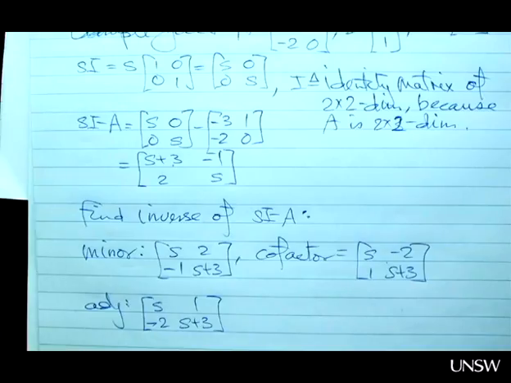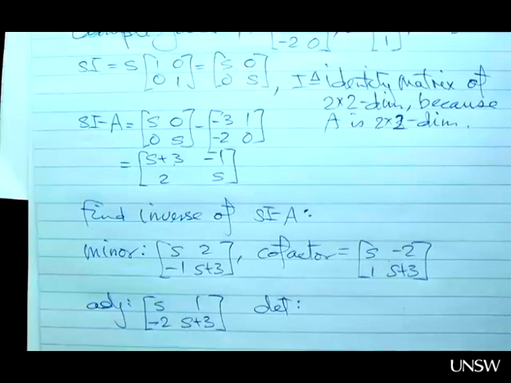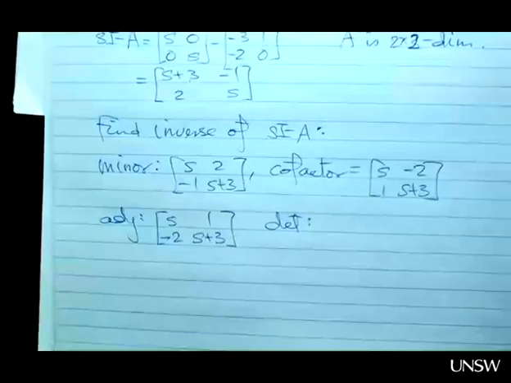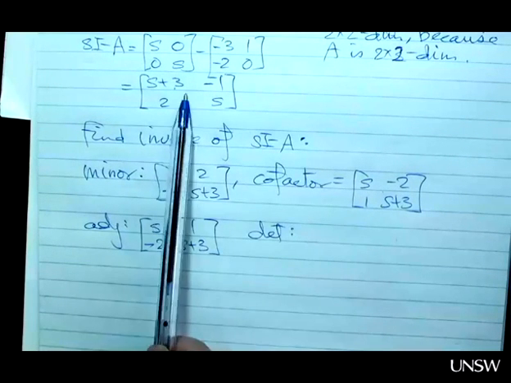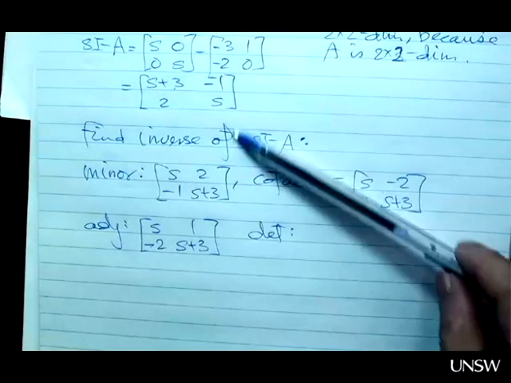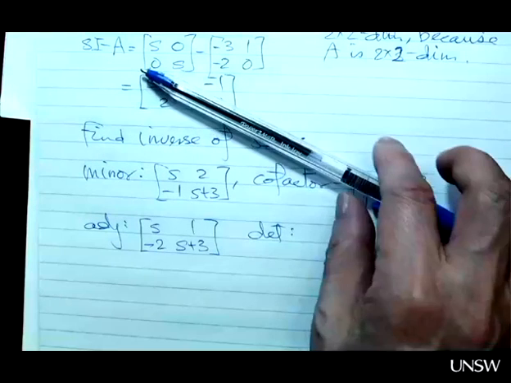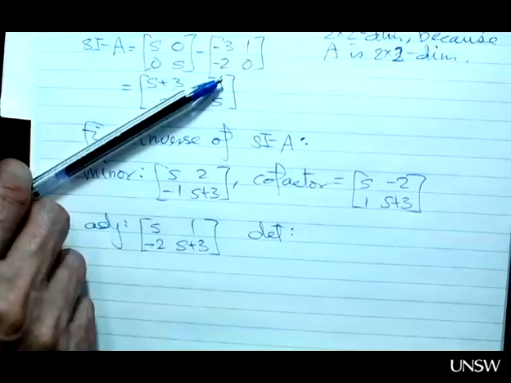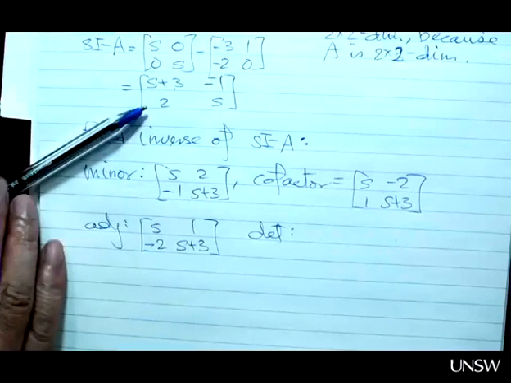Then we also find the determinant of this matrix. We take the product of the northwest to southeast diagonal, and then subtract the product of the northeast to southwest diagonal elements.